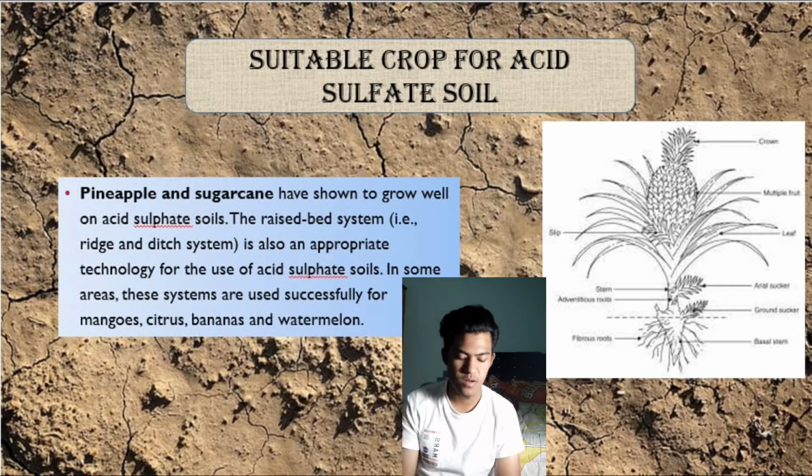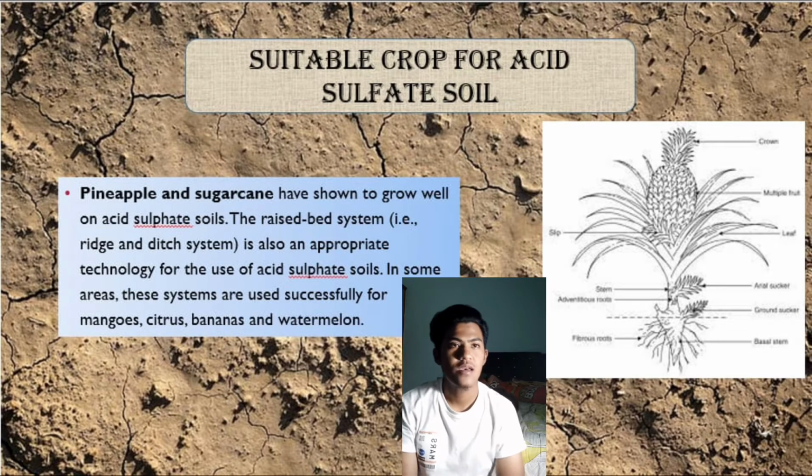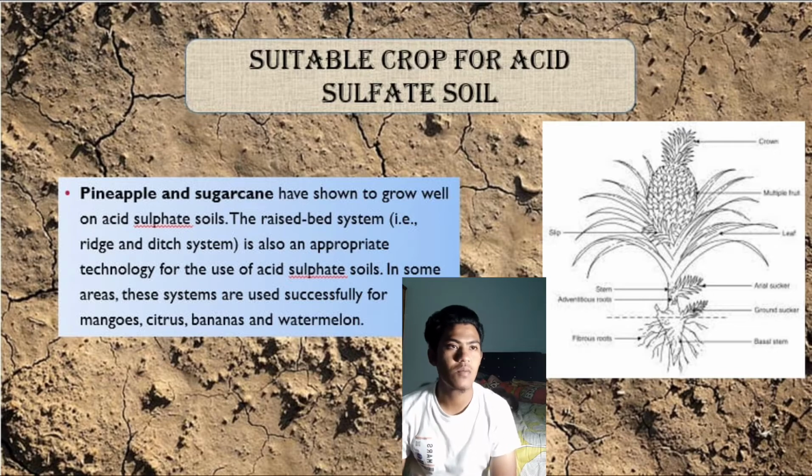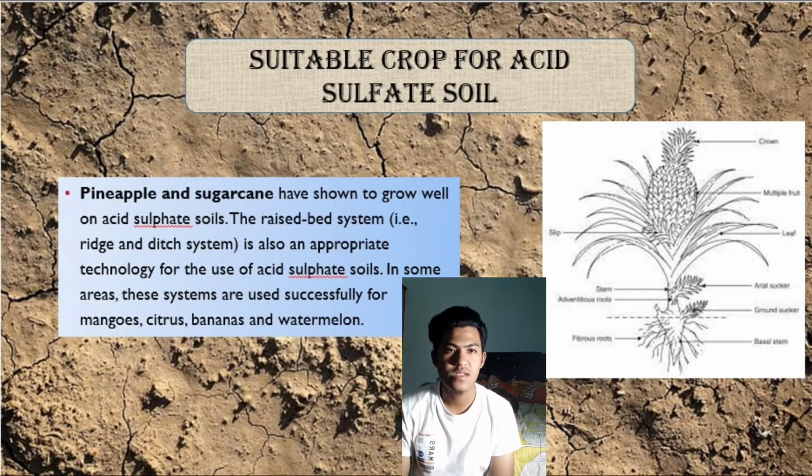Assalamualaikum, my name is Muhammad, F2048, and I will explain about suitable crops for acid sulfate soil. Pineapple and sugarcane have been shown to grow well on acid sulfate soil.